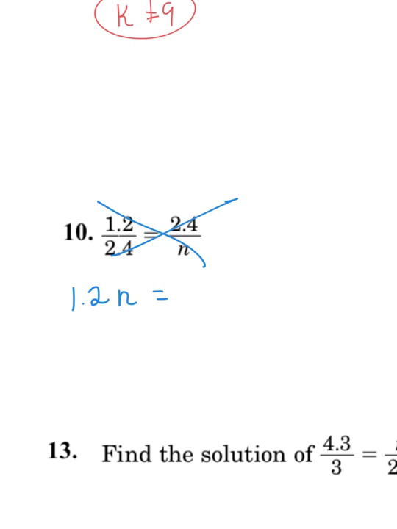But I'm going to continue this out first. That's 5.76. Okay. Divide by 1.2. Divide by 1.2. 1n equals 4.8.